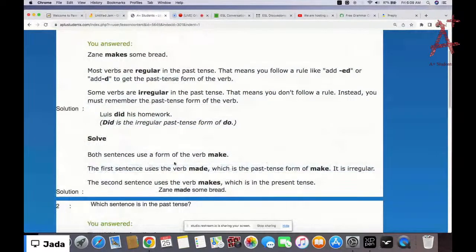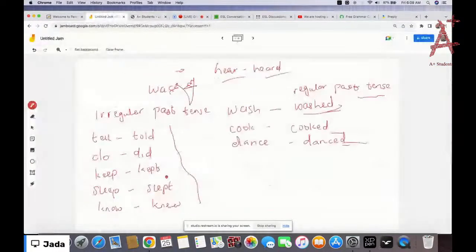So if you need to find the past tense, it's gonna be Zayn made some bread. So made is the what? The past tense of make. Okay, so we have make and then we have made.